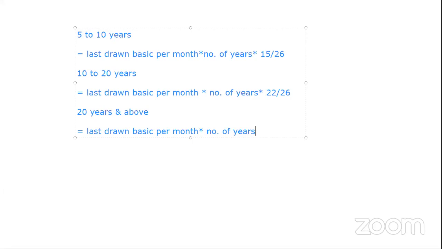But over a period of time, what happened was, imagine a scenario of 20 years and above. Imagine one person is working for 20 years in a company. At least he will have a 3 lakh to 4 lakh basic, at least 3 lakhs for that concern. So 3 lakh into 20, which is almost close to 60 lakhs, which is half a crore.